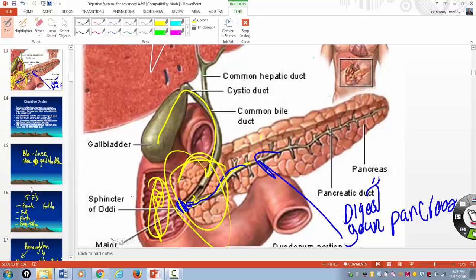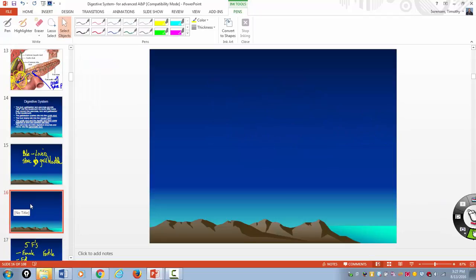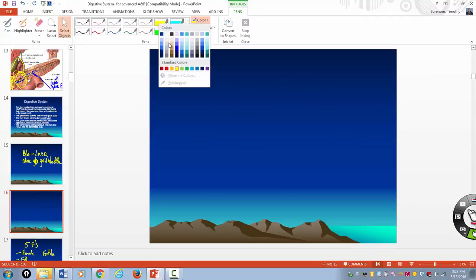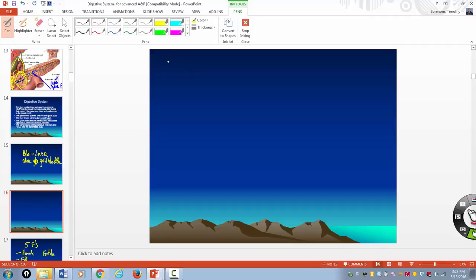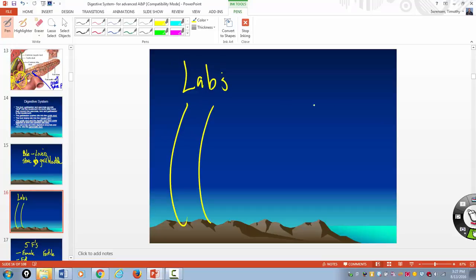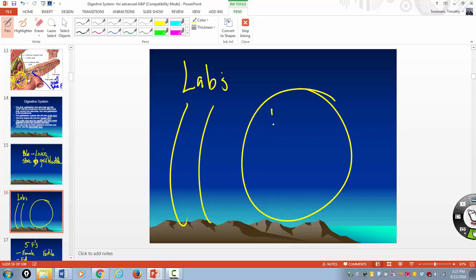Now, how do you diagnose pancreatitis? Well, a lot of it is based on how they present clinically, their signs and symptoms. Then the labs you can draw.